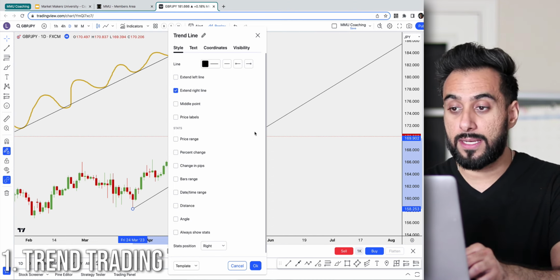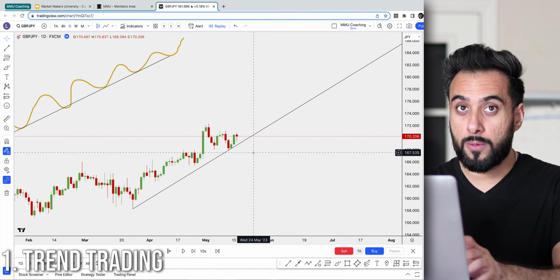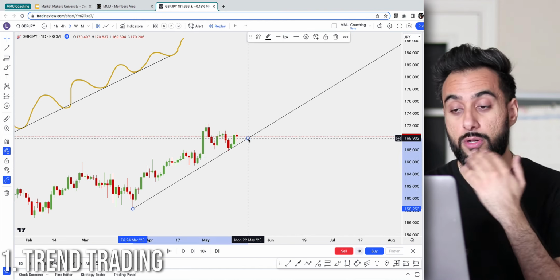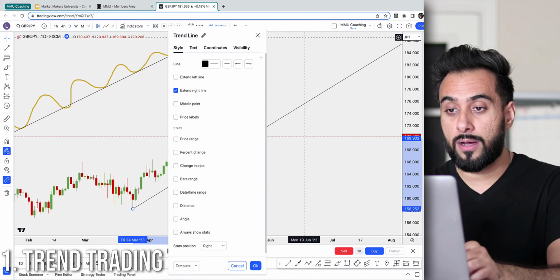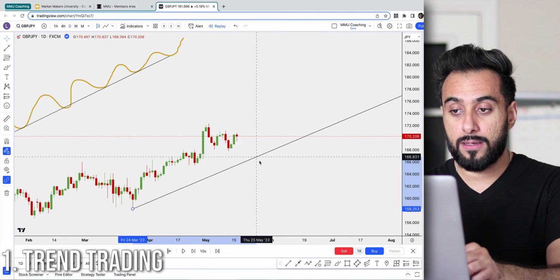It's going to extend this all the way to infinity. So if you are someone who always forgets to extend your technicals to the right, I would just click the gear icon, extend line right, and it'll automatically extend it to the future for you.